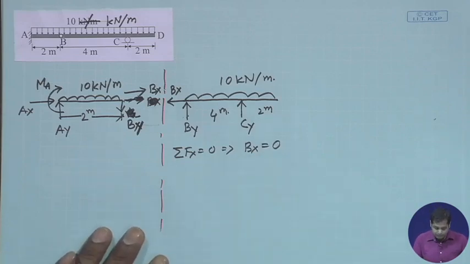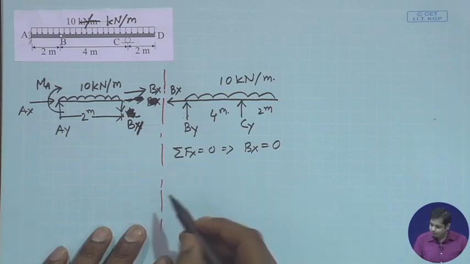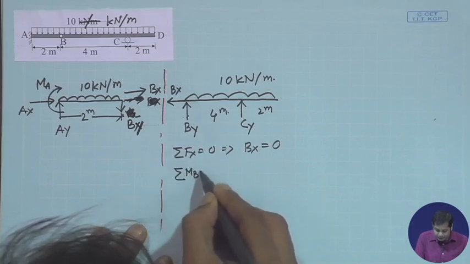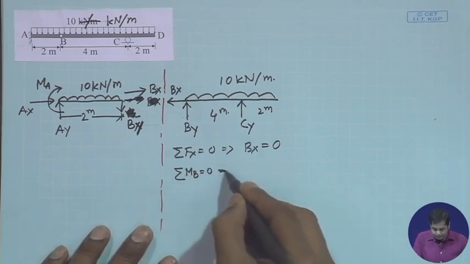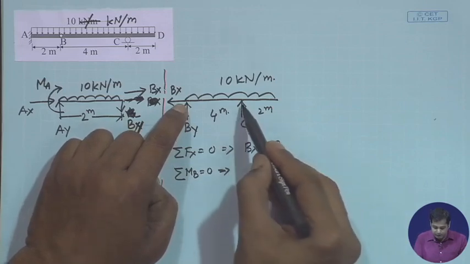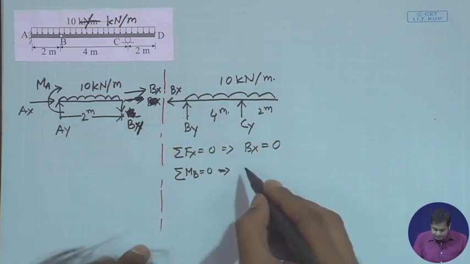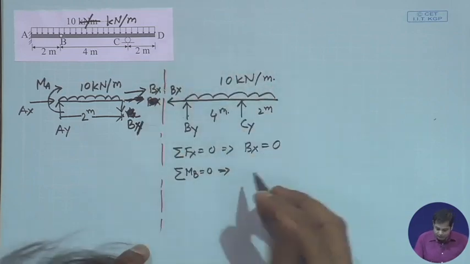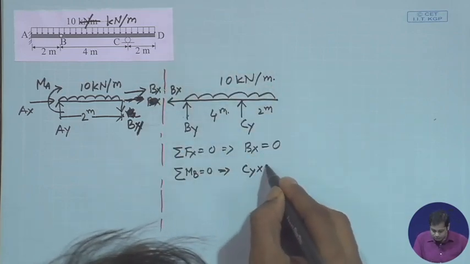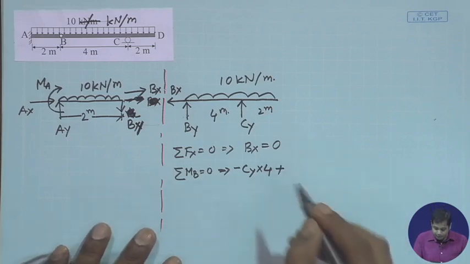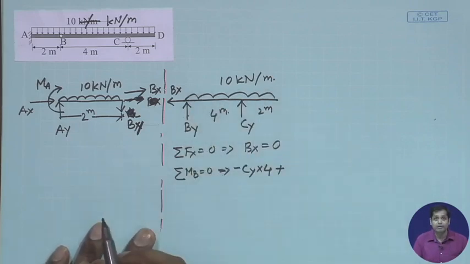Then take moment about B, summation of MB equal to 0. What are the forces that will contribute? Cy and this uniformly distributed load. Cy is anti-clockwise, so Cy into 4, then plus the moment due to the 10 kilonewton per meter uniformly distributed load.